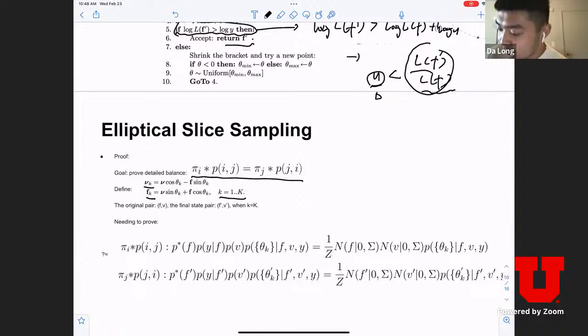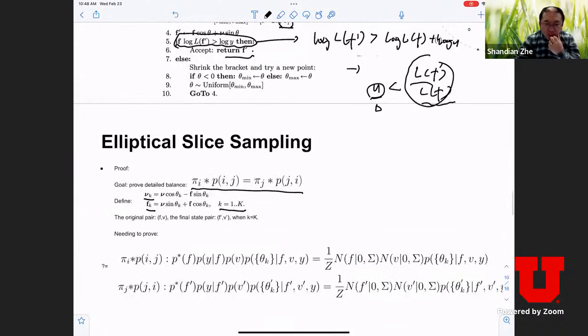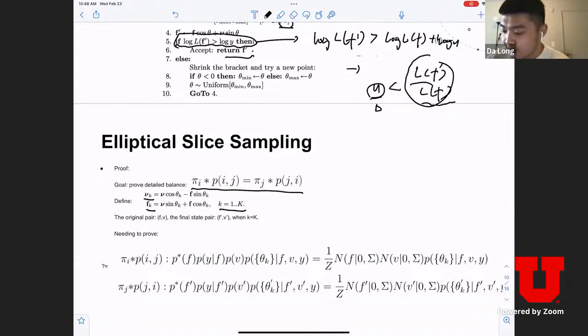At capital K, we get the final sample of theta, so theta_K is the final theta we get. But the choices from 1 to K minus 1 are the ones that we made and then discarded.